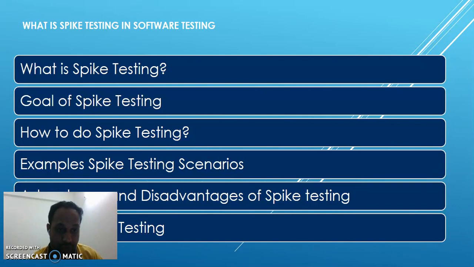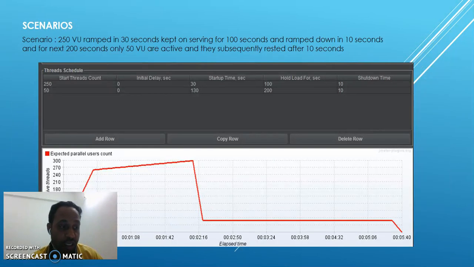Before we get into the spike testing analysis, how do we plan the spike testing? Simple. You have to determine the maximum load capacity for the software application.